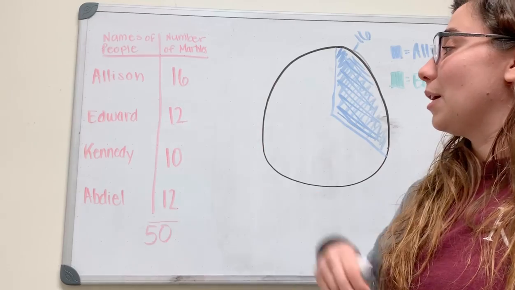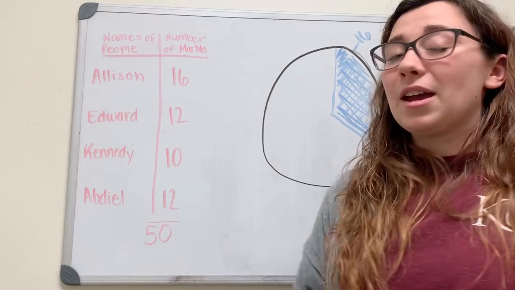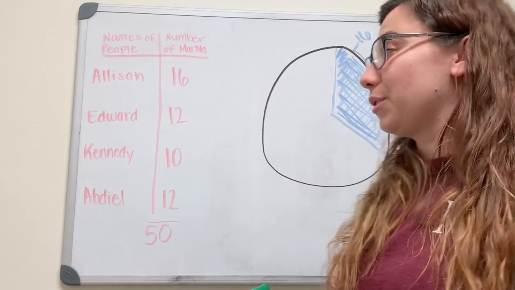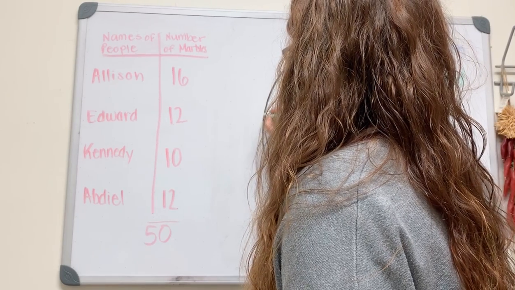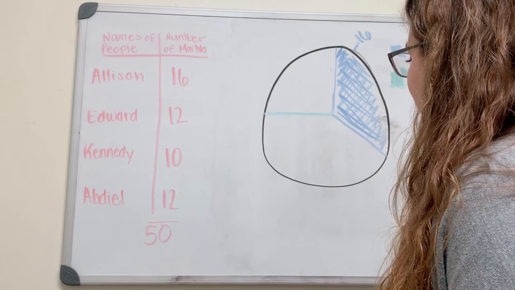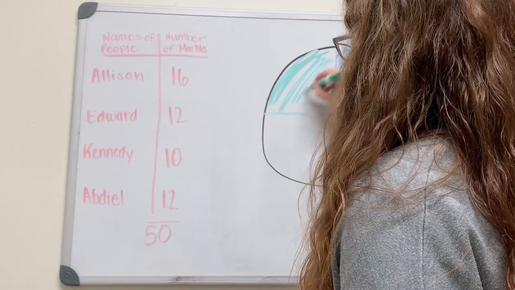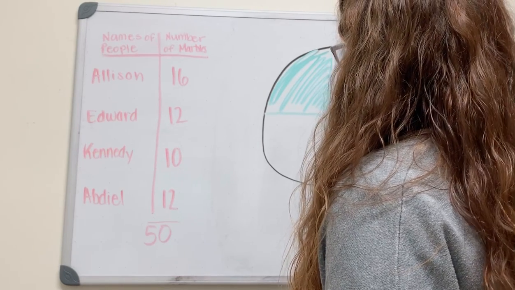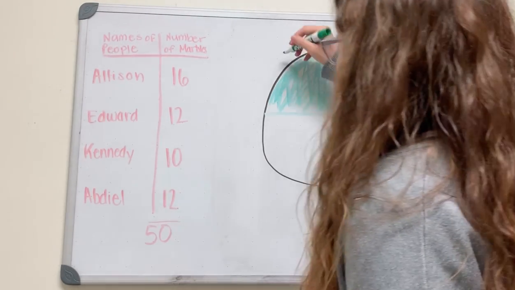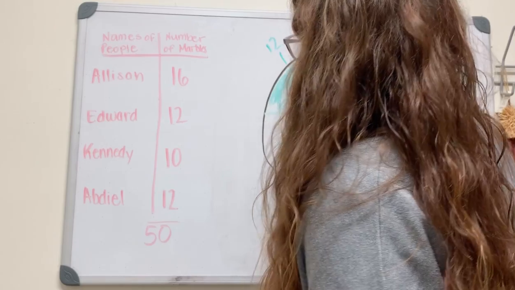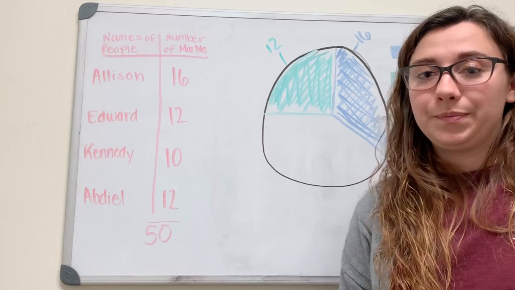It was 12.5. So therefore, Edward has about 1/4 of this whole. So we can shade this in green. So Edward has about 1/4 of 50 marbles.